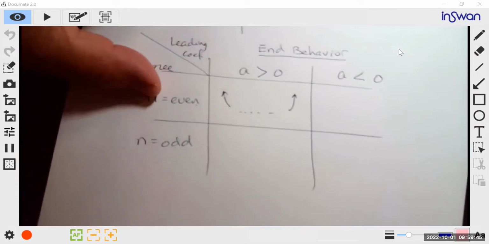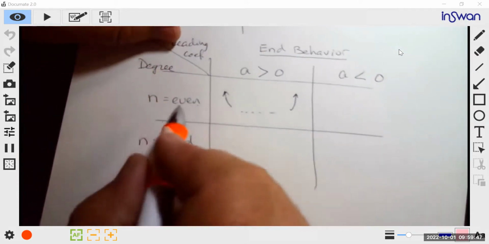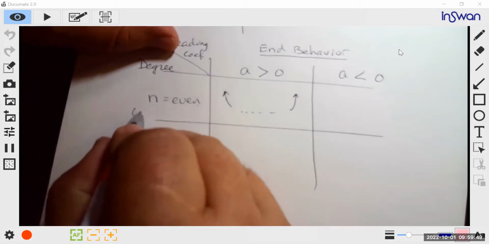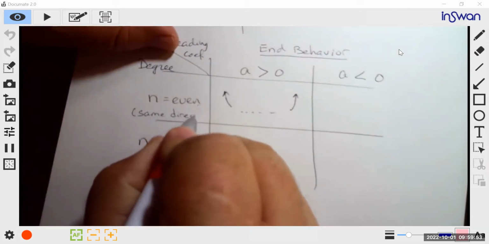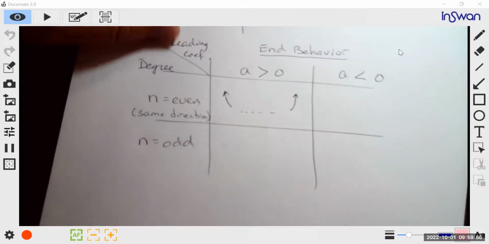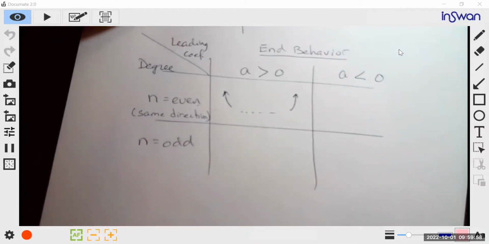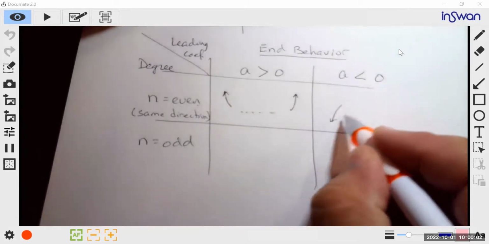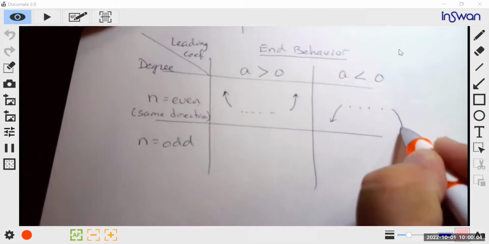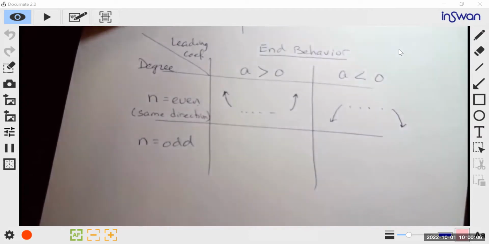If n is even, they point the same direction: up if the leading coefficient is positive, down if it's negative.